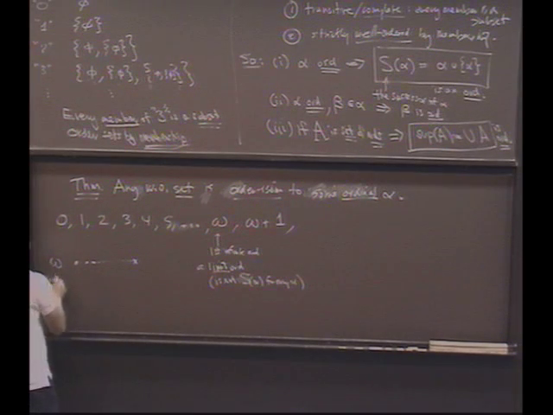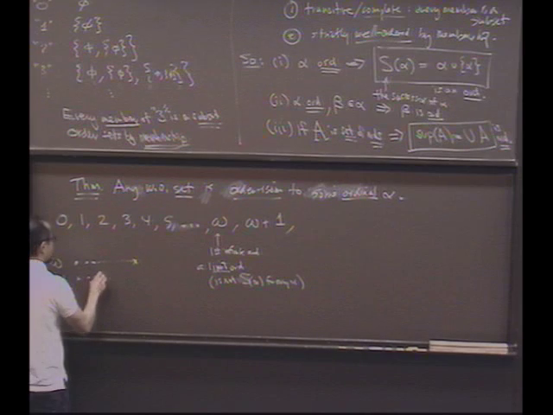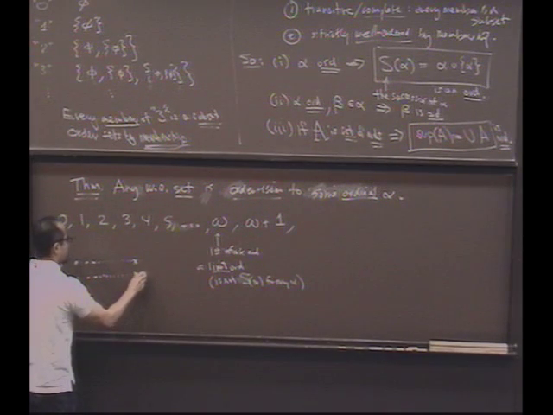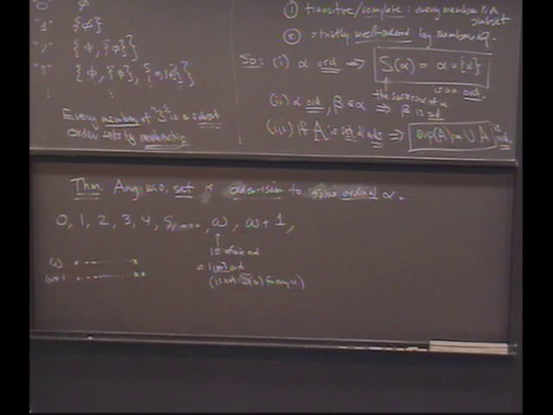And the picture of omega plus 1 is this thing with one more thing. I guess my question is, if they're both just countable, then they have the same cardinality. So it's hard for me to intuit how they can differ.